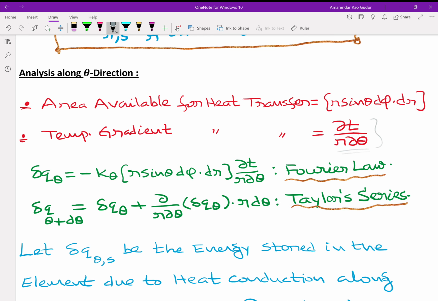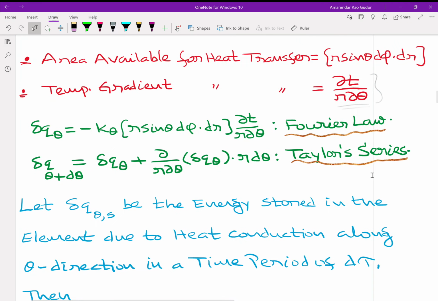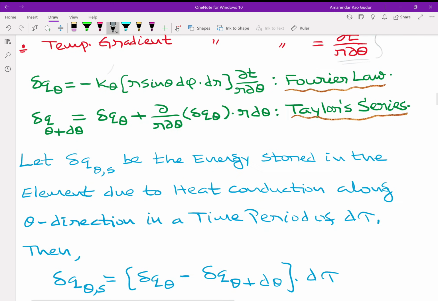Then the Fourier law would be minus k theta into r sin theta d phi dr del T by r del theta. Then Taylor series can be expanded as del q theta plus del by r del theta del q theta r d theta, where k theta is thermal conductivity along theta direction.